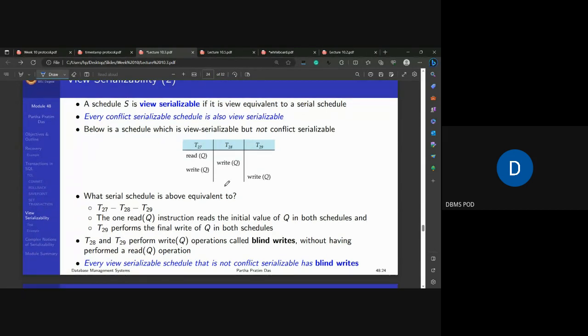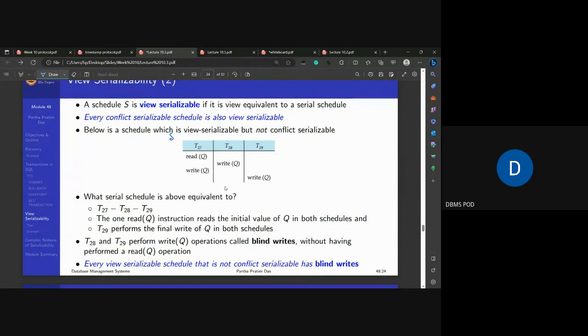Suppose this is schedule S and this is S dash. Here we have T27, then T28, then T29.